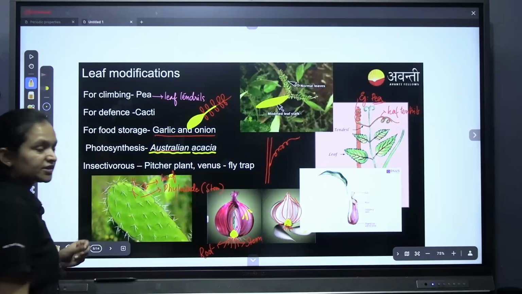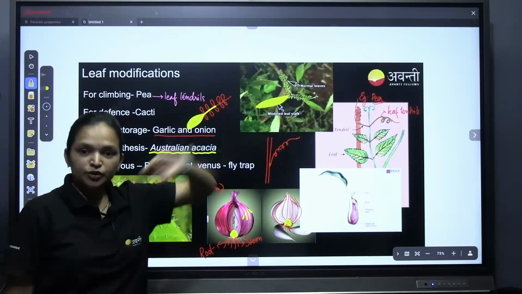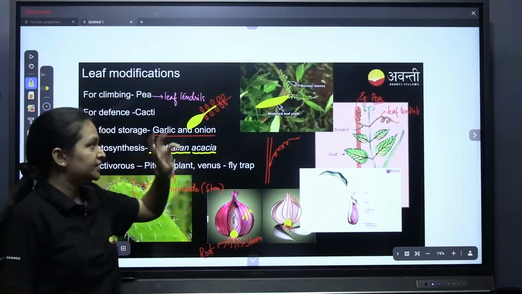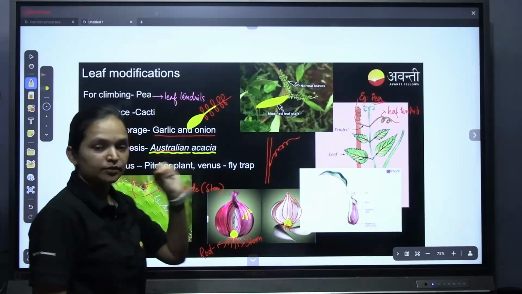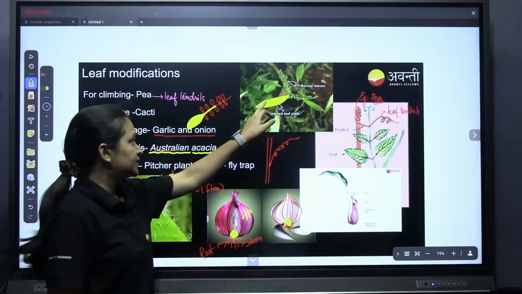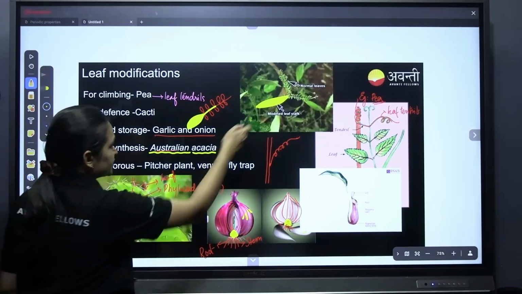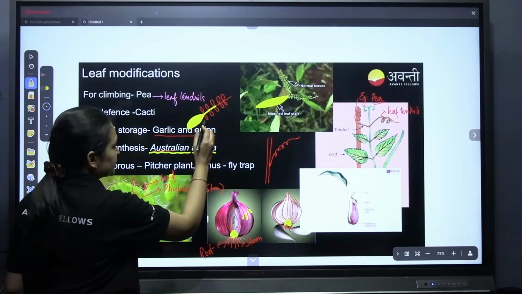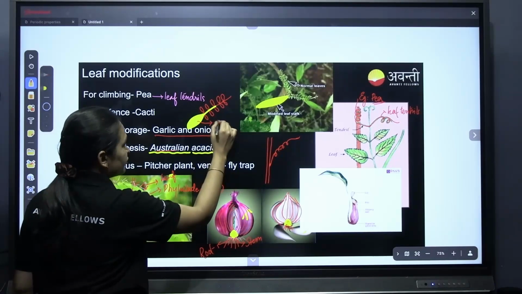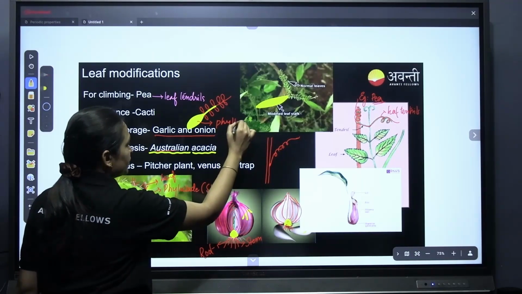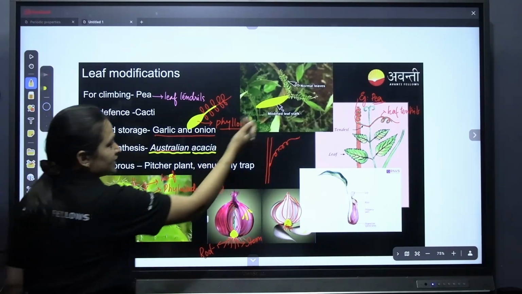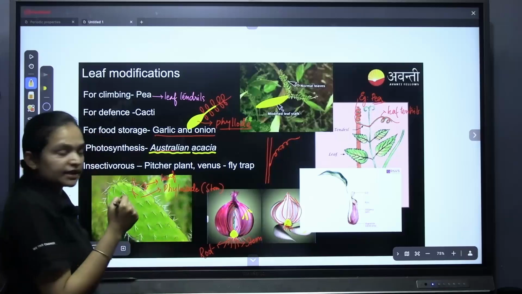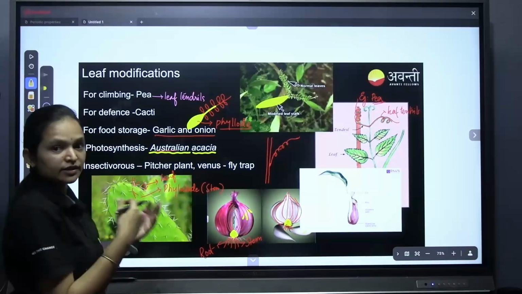It also has a waxy layer over it, and for the arid condition, to sustain high temperature and very limited water, it has modified itself to this modification, and this is called phyllodes. Don't confuse phylloclade and phyllodes.